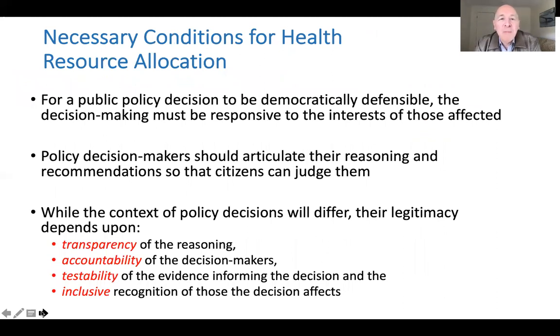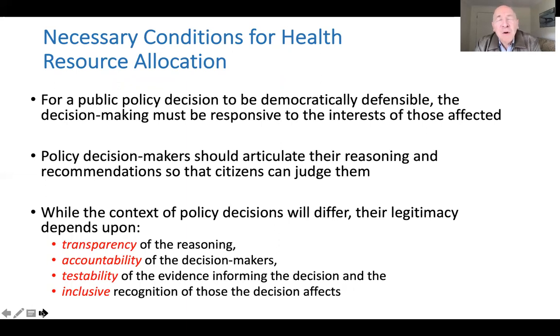So what are the necessary conditions for health resource allocation? Well, for a public policy decision to be democratically defensible, the decision-making must be responsive to the interests of those affected right across the community. Policy decision-makers should articulate their reasoning and recommendations so that citizens can judge them.